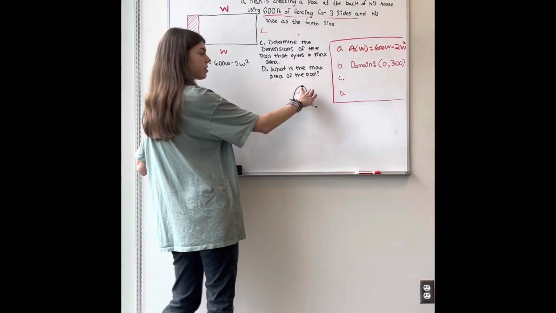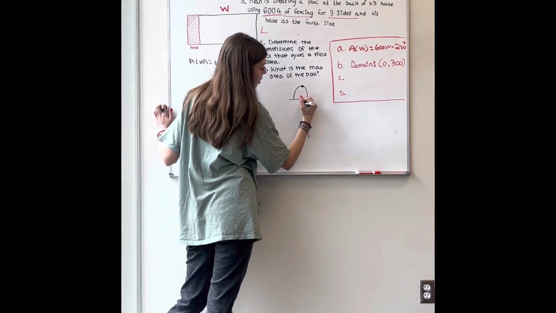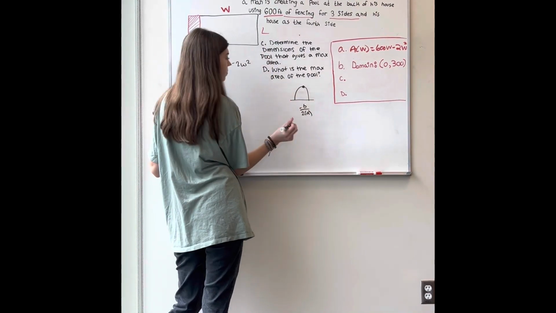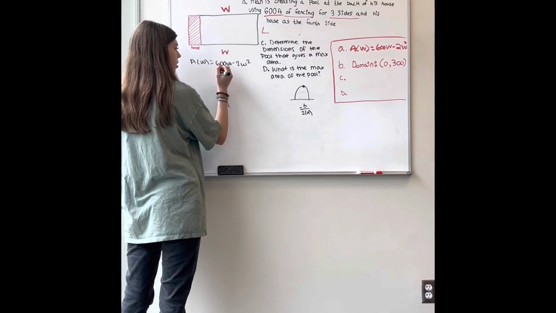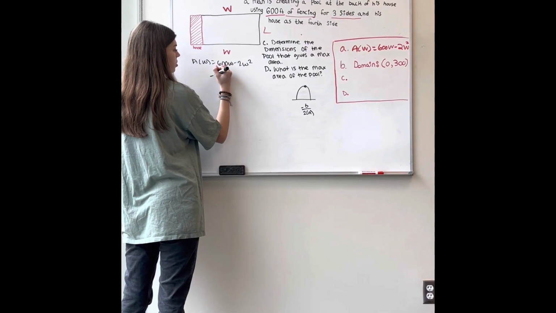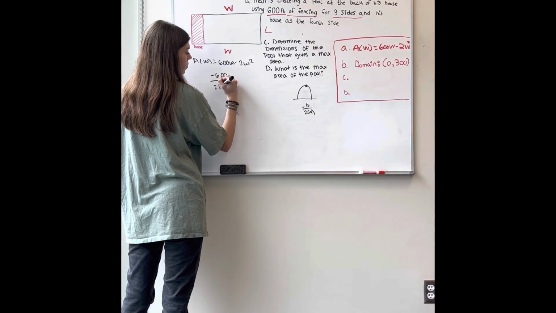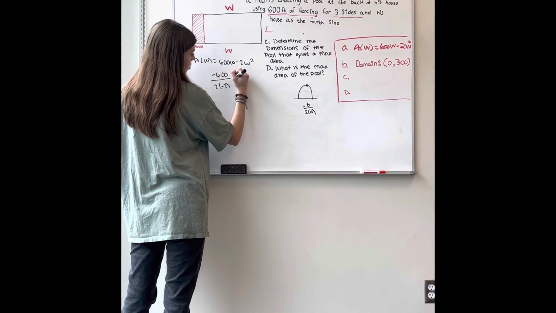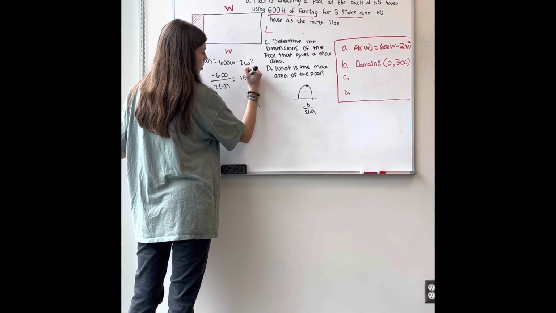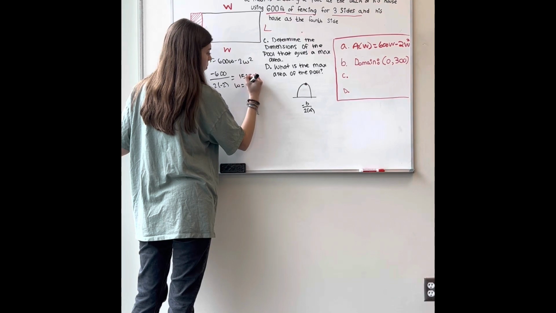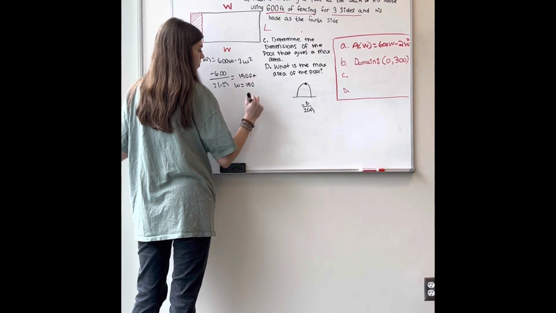So we're trying to find the x value of our vertex, and that equation is -b over 2a. So we're going to take our -b, which would be -600, over 2 times a, which is -2, which equals 150 feet. So our W equals 150.